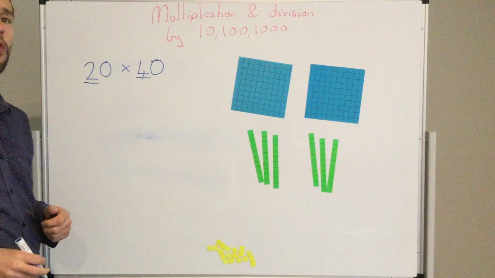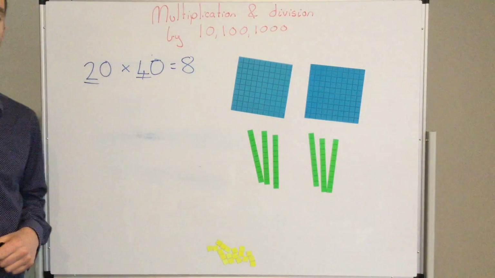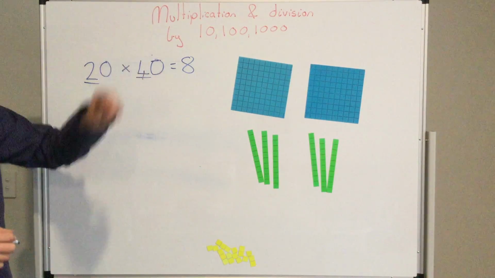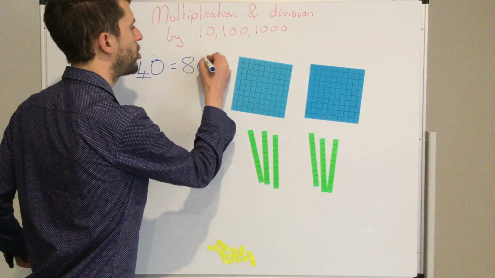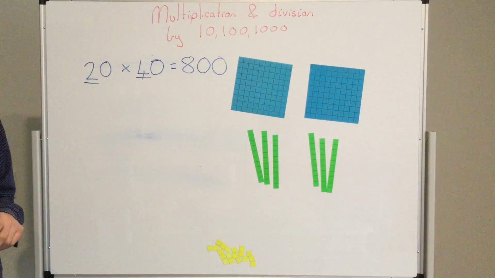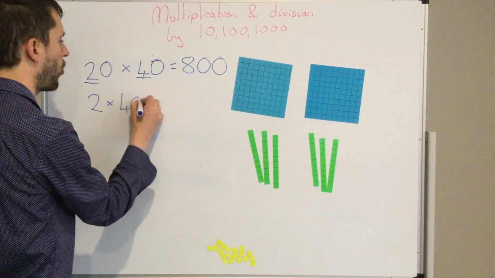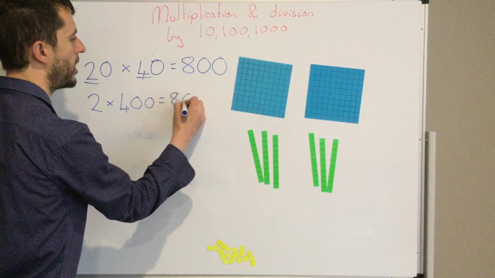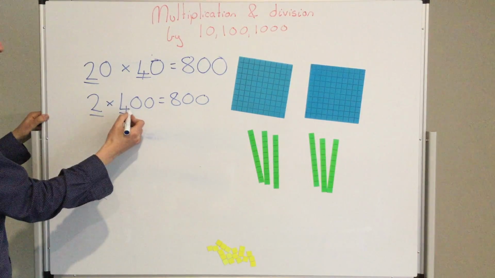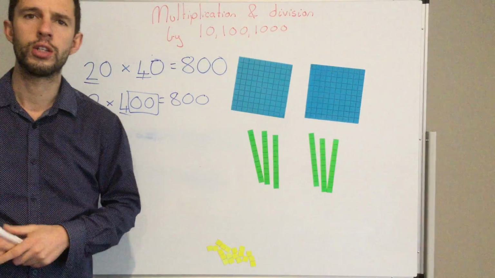I've got 2 and I've got 4. 2 times 4 equals 8. How many zeros do I have? I've got 1 zero, 2 zeros. So I add 2 zeros on. Because 20 times 40 is the exact same as 2 times 400, which also equals 800. So 2 times 4 equals 8. How many zeros? I have 2 zeros and I add the 2 zeros on.